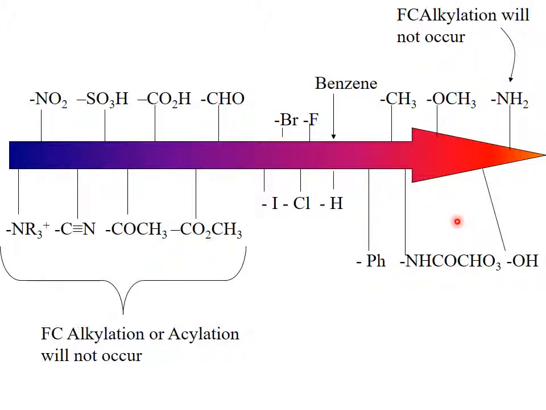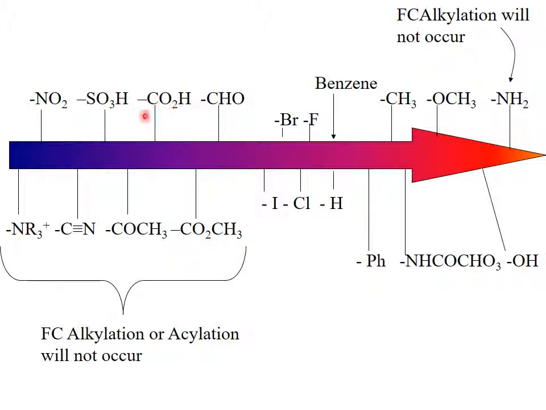So this is a summary of all the substituents and how they will direct electrophilic addition. Notice these all have an oxygen or a nitrogen directly attached to the ring. They are activators. This has a carbon directly attached to the ring. A carbon with a double bond directly attached to the ring.